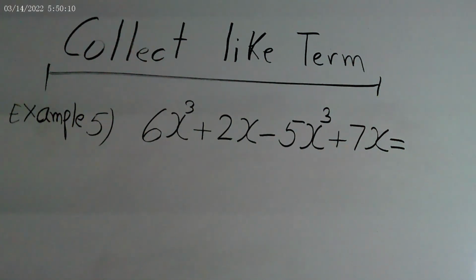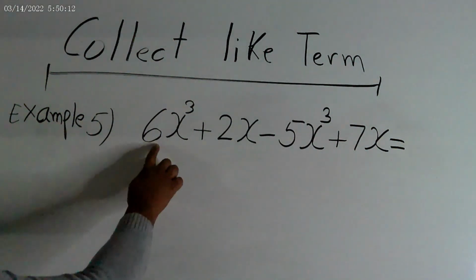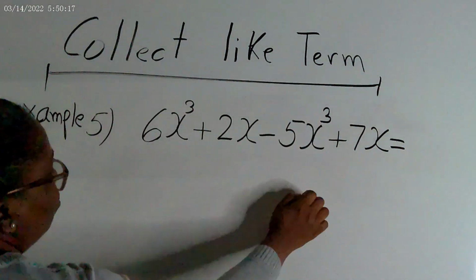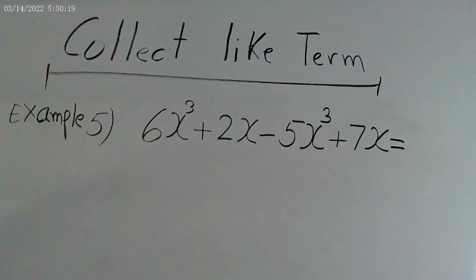So we have 6x cubed, 2x, 5x cubed, plus 7x. Which one has the same variable? Almost all of them have the same variable, the only difference is the exponent. So you're going to combine the terms that have the same exponent and variable.